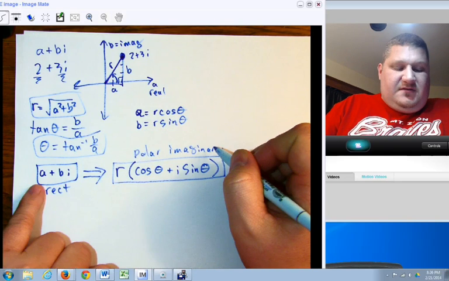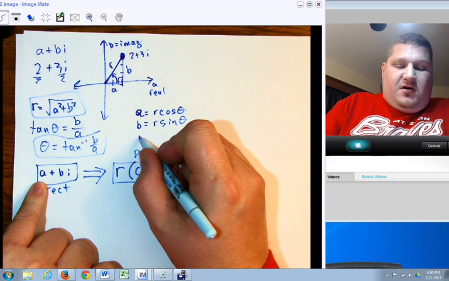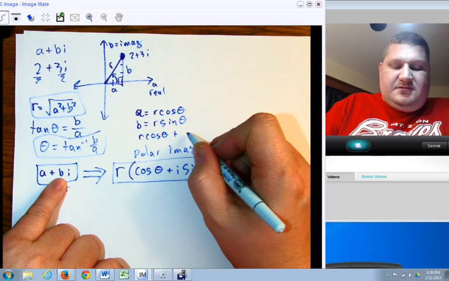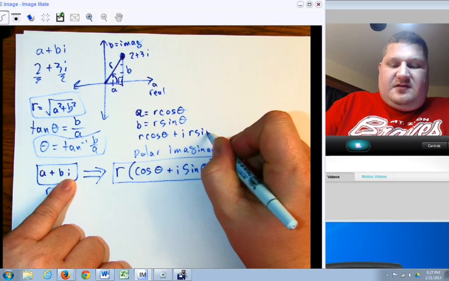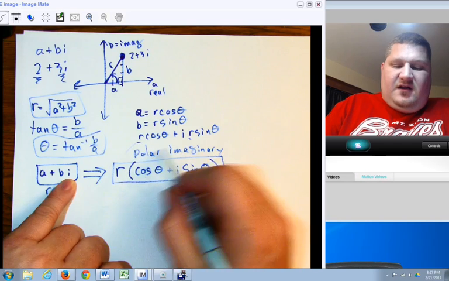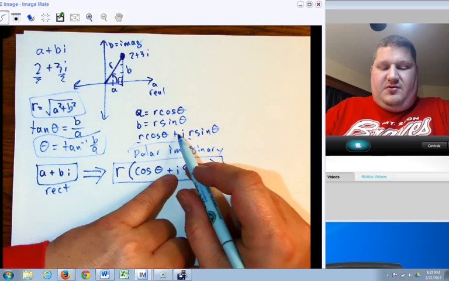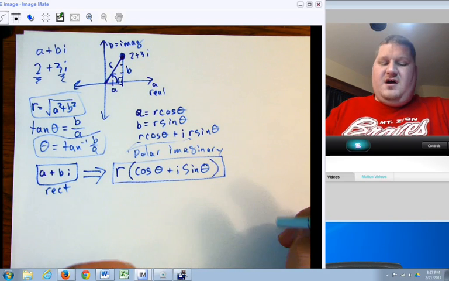So if I simply took a plus bi, it would be r cosine theta plus, and I'm going to put the i up front for clarity, r sine theta. But there's an r in each place. If I factor the r out, I get r out front, cosine plus i sine theta. And that's where this form comes from.